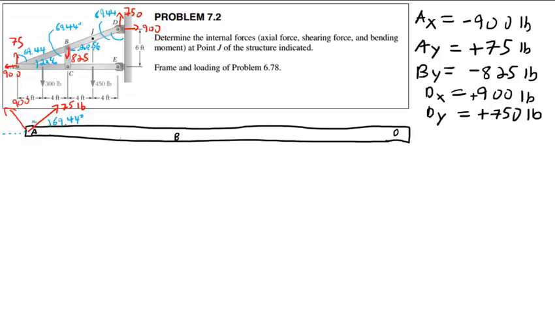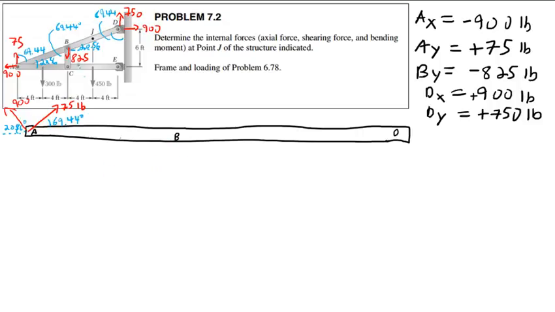This is 69.44. This is 90. So that should just be 20, right? Plus 90. Yep. Okay. So this one here, off of the negative x-axis, is 20.56 degrees.